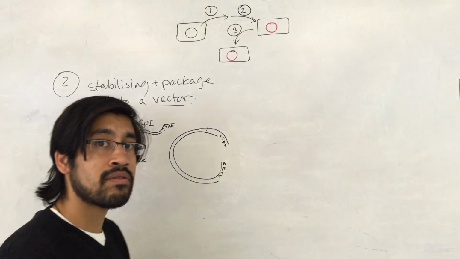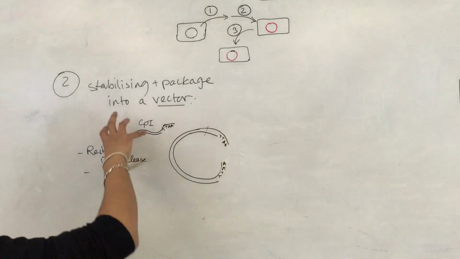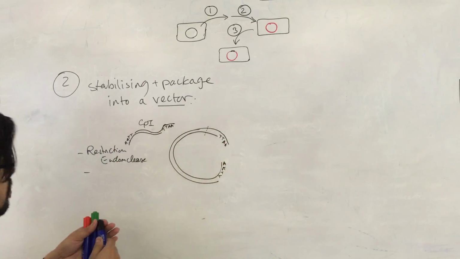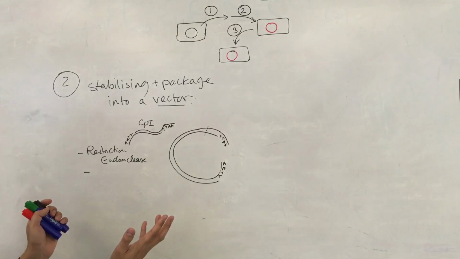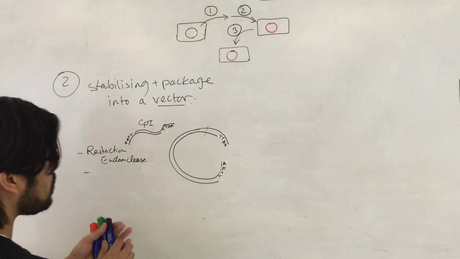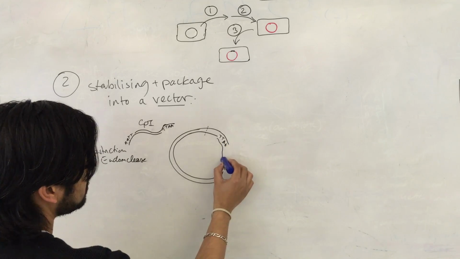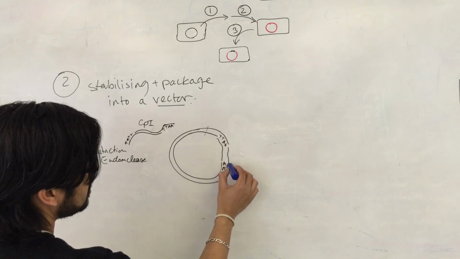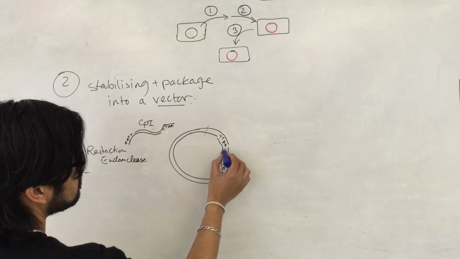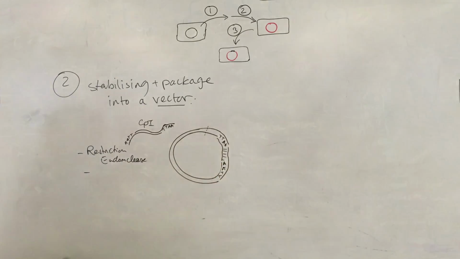Thank God for high def, right guys? Okay, so if we stick this here, maybe I should have used different colors. Anyway, if we stick this here now, one of the sticky ends will anneal here, the other of the sticky ends will anneal here, and we have inserted the gene.